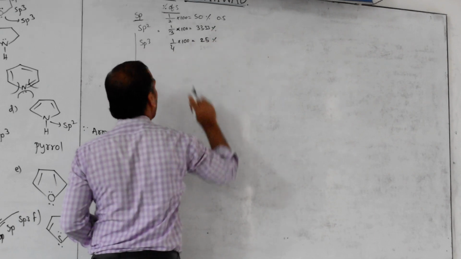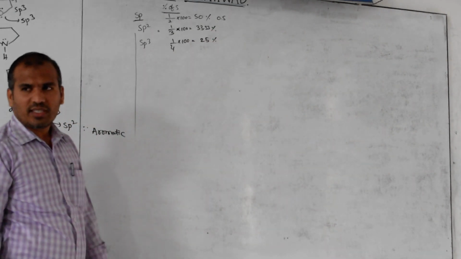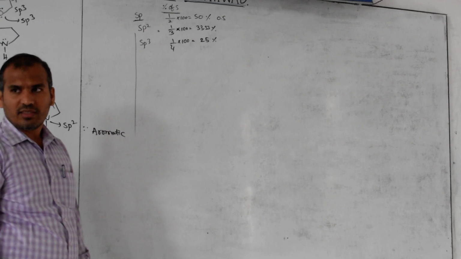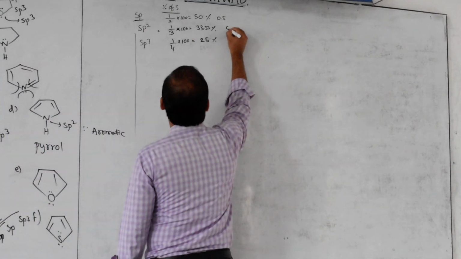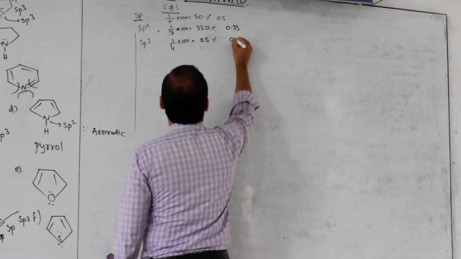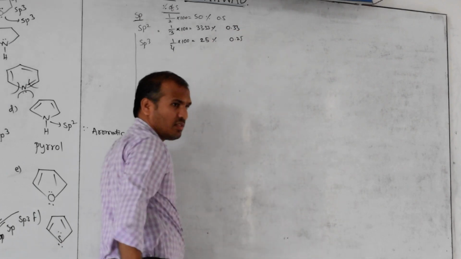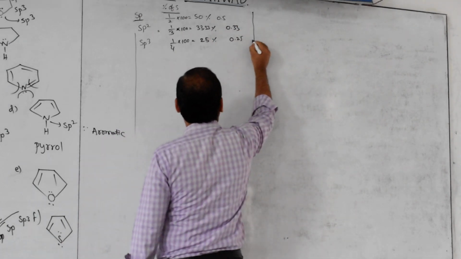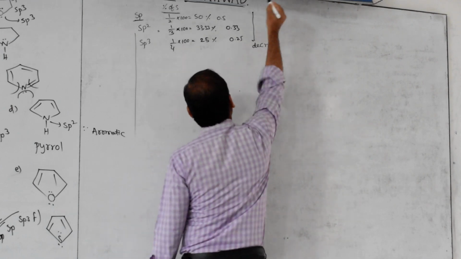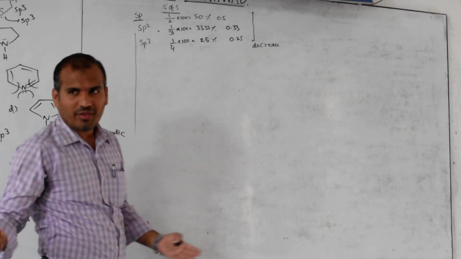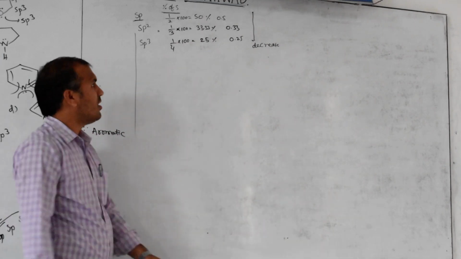Then percentage of S character, what happened here? Decreasing or increasing? Decreasing. Percentage of S character is decreasing. This is 0.33, this is 0.25 in fractions. So percentage of S character decreases, otherwise it increases. Then whatever order is given, you have to follow.